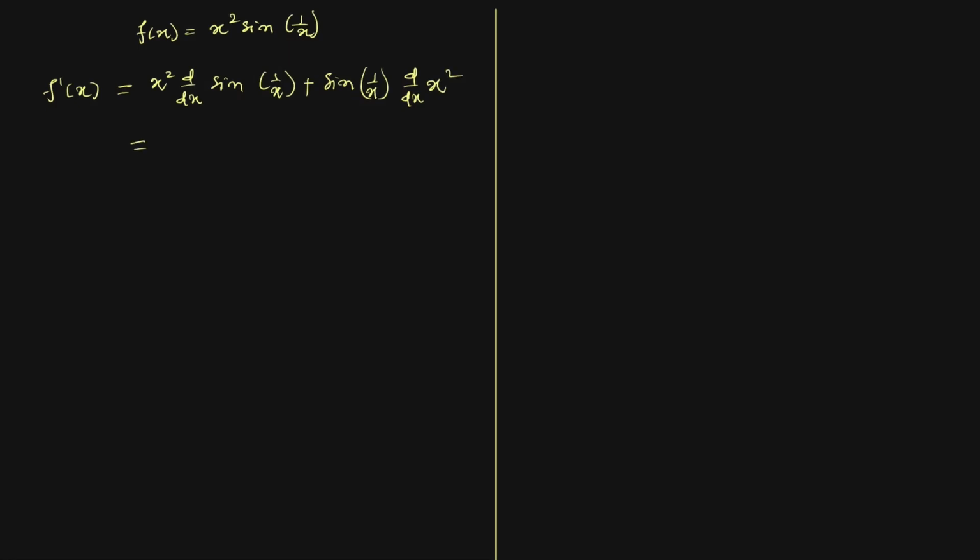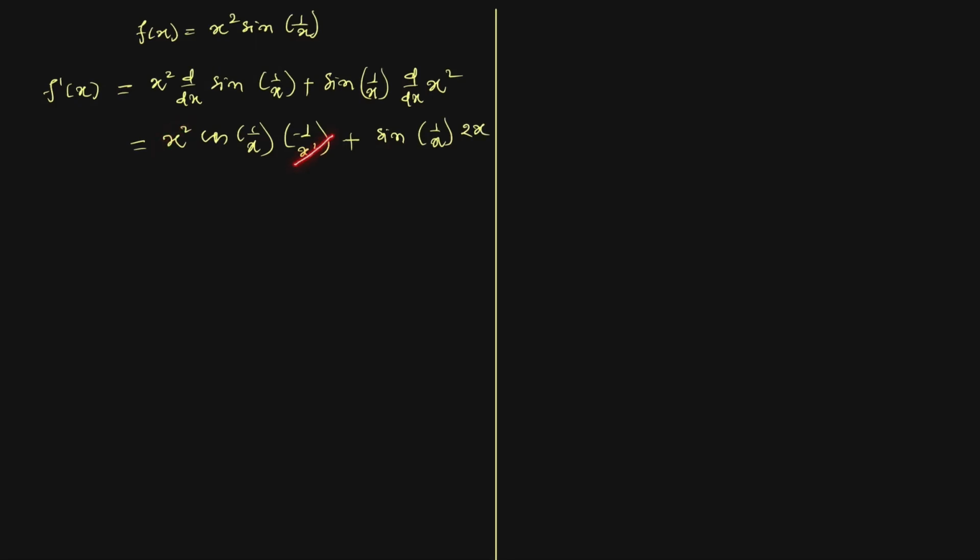If we solve this, then we will get x square cos 1 by x into minus 1 by x square plus sine 1 by x into the 2x term.